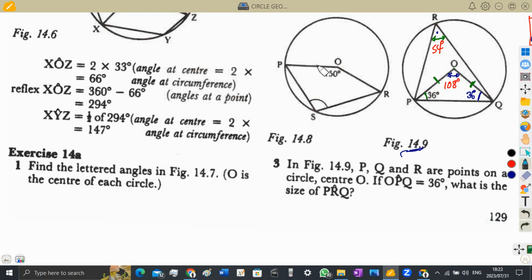This POR is the one that is affecting our angle S. So the angle at the center is twice this angle. Do not confuse this angle 150.